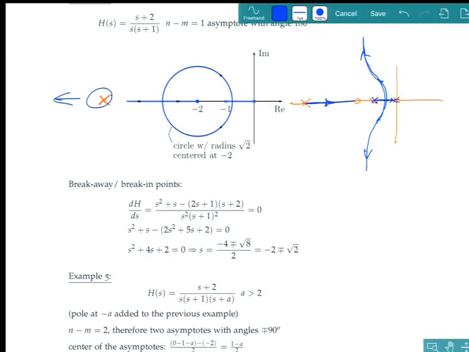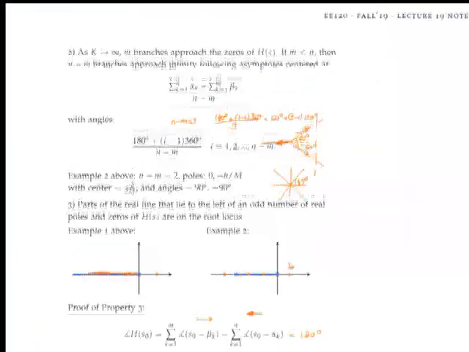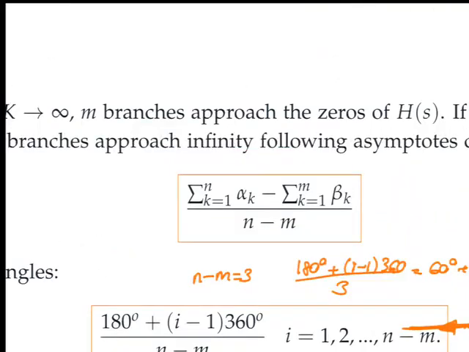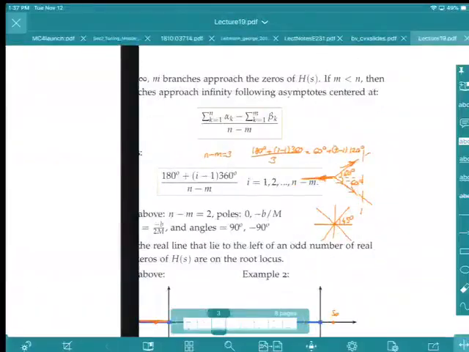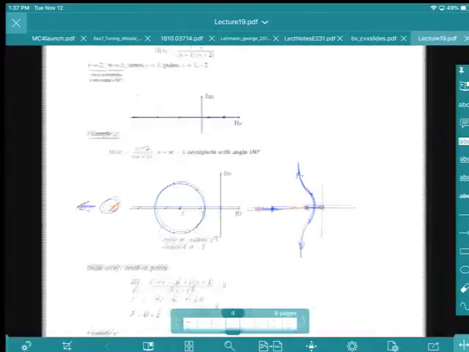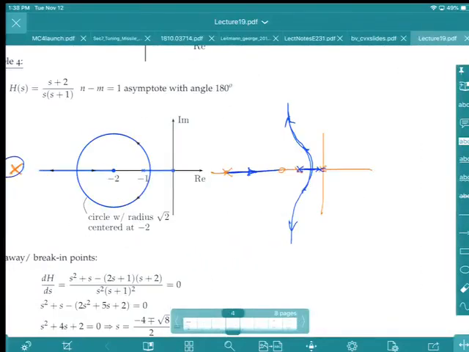So that was one thing in the formulas that I showed you. We not only talked about the angles of the asymptotes, but we also talked about the center of the asymptotes. Where are those asymptotes springing from, right? And that was this formula that I didn't dwell on, this one. You basically add the poles, subtract the sum of the zeros, divide by n minus m. That tells you where the asymptotes are rooted. In this example, that would be a point.